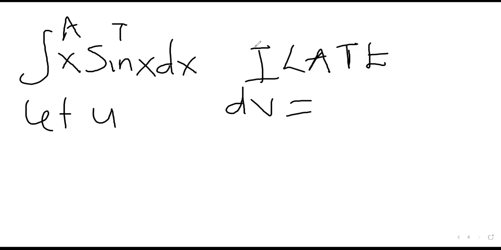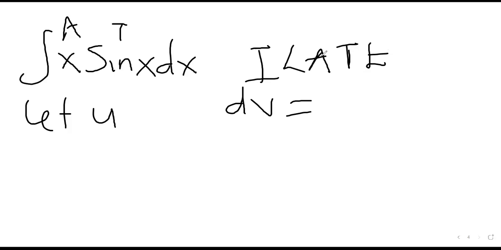If in your function you have inverse trig, you let u be equal to the inverse trig. If you have a log and the next function is not an inverse trig, you let u be equal to log. If you have algebra and you don't have either log or inverse trig, you let u be equal to that algebra.